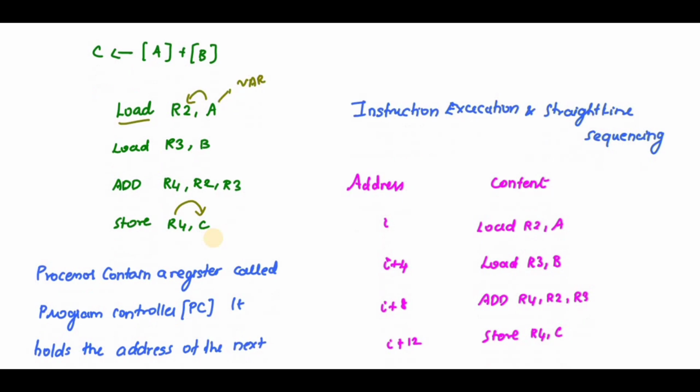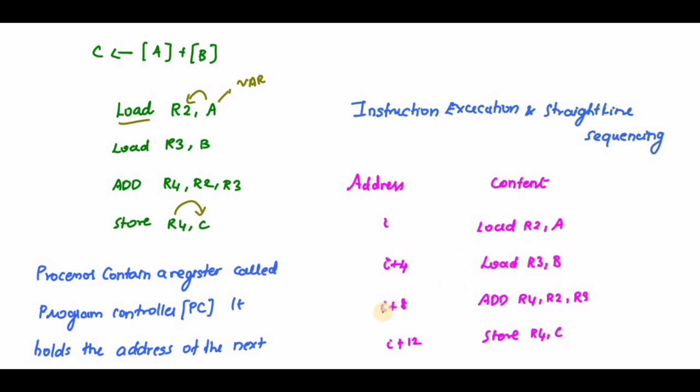So here you can see how it is stored. Suppose this is my address, I. So in the memory it will store load R2 comma A at address I, then at the I plus 4 address, load R3 comma B gets stored.